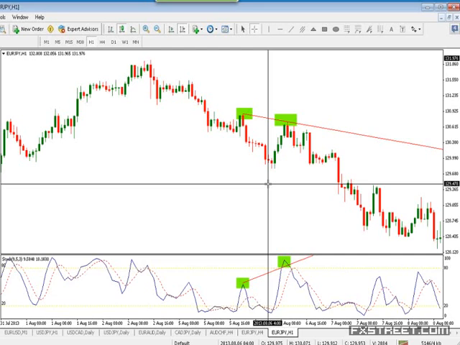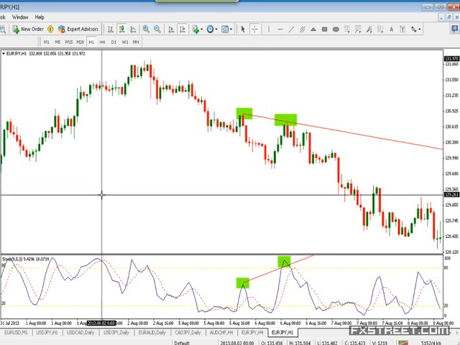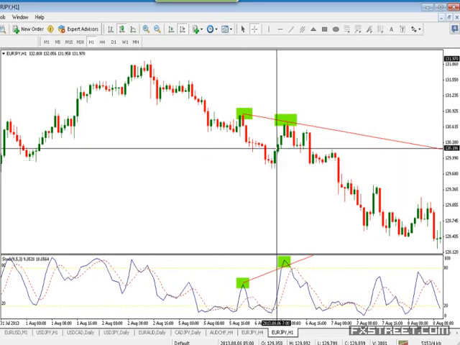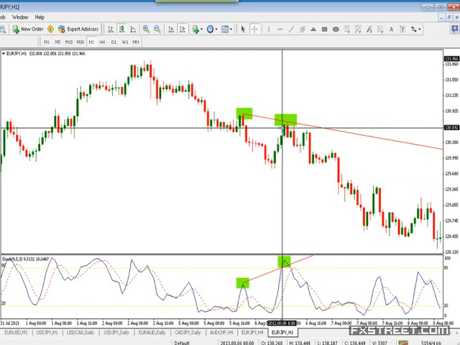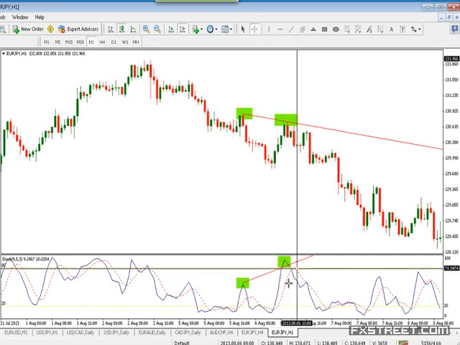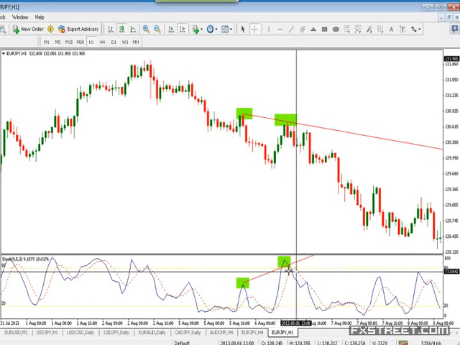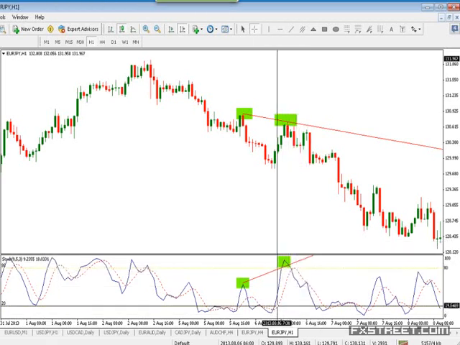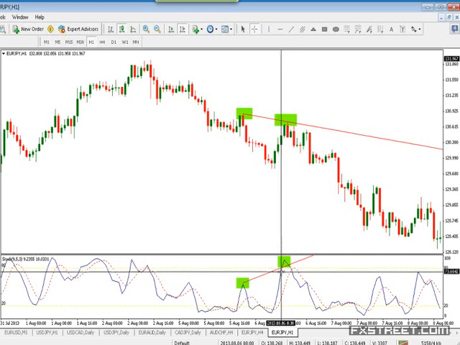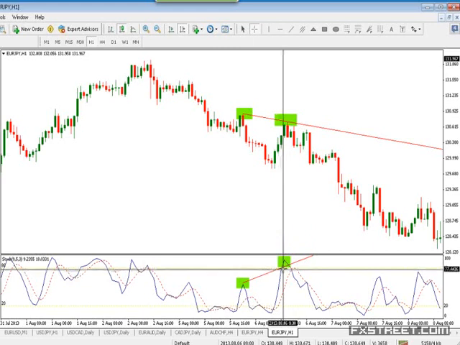In an existing downtrend, your highs are going lower, your lows are going lower. Now, when you come across a situation where price makes a regular pullback, which is a lower high, and your stochastic makes a higher high, your stochastic is stretching beyond the means. So it's like a rubber band.